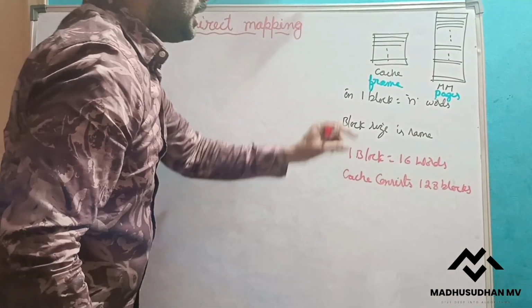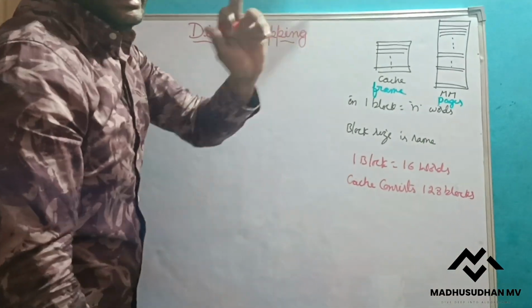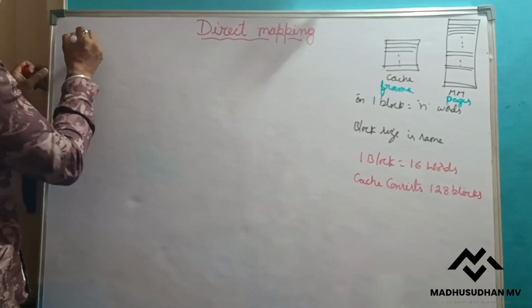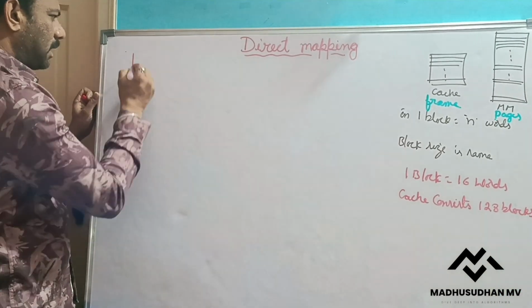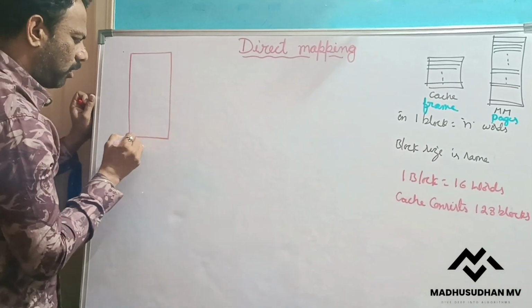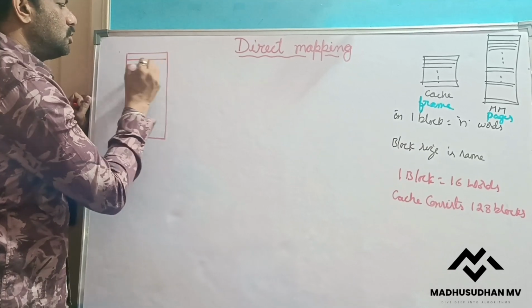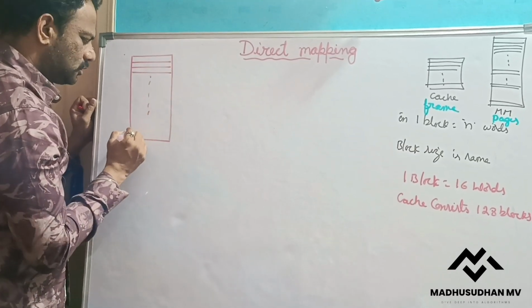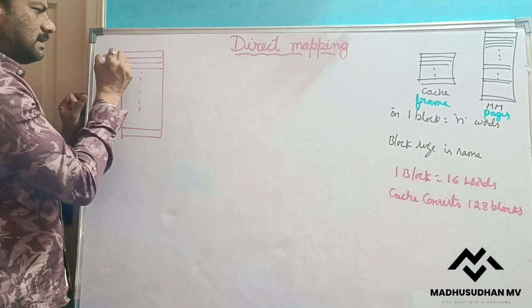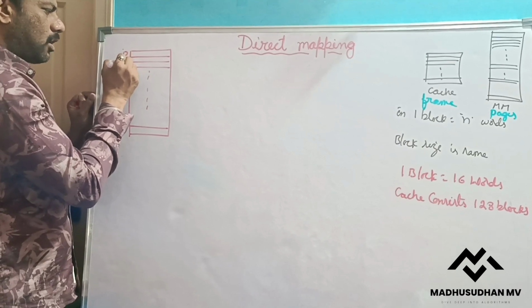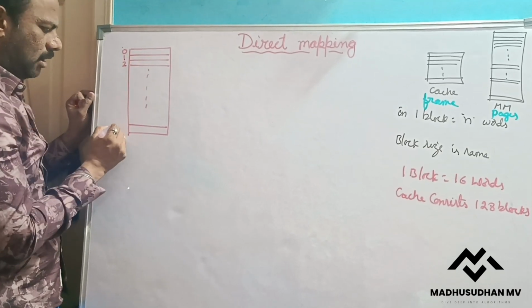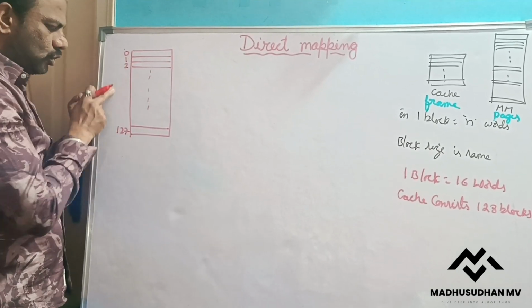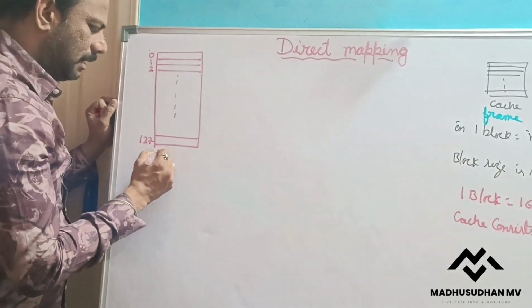How many blocks are there here? The cache contains 128 blocks. Now I'm going to write it down. This is my block 0, block 1, block 2, like that. The last is 127. 0 to 127, totally 128 blocks.